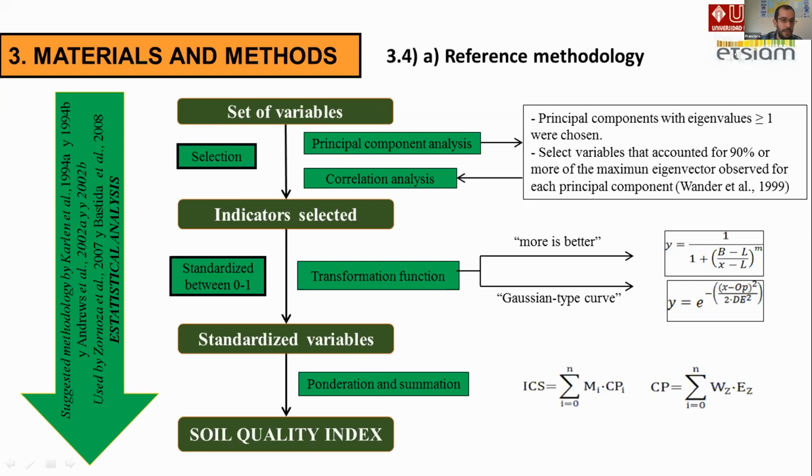These indicators that were selected were transformed using a function that can be of 2 types: more is better, or the Gaussian type curve. Depending on the variable, we choose one or the other. At last, we've got our standardized variables. Then we make a ponderation and summation to obtain the soil quality index.